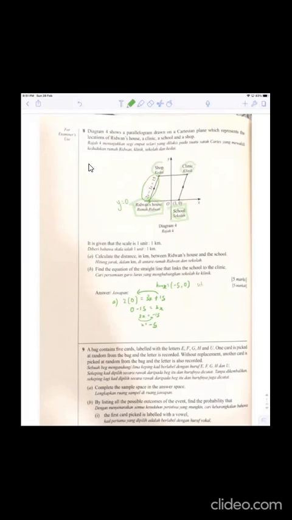For the school, it is 3, 0. Okay, let's calculate the distance.